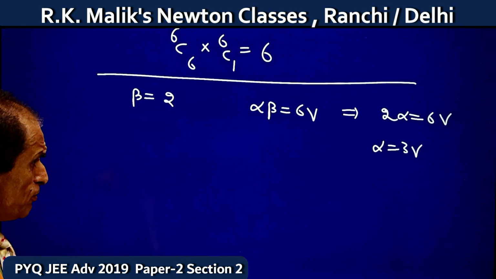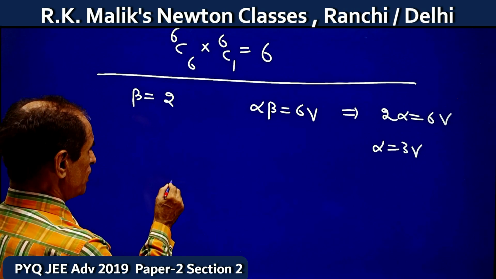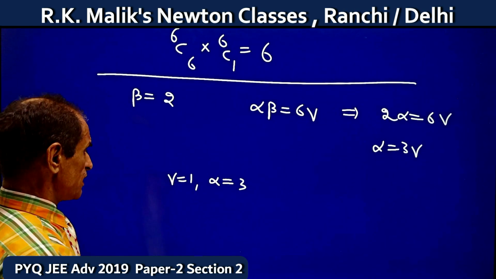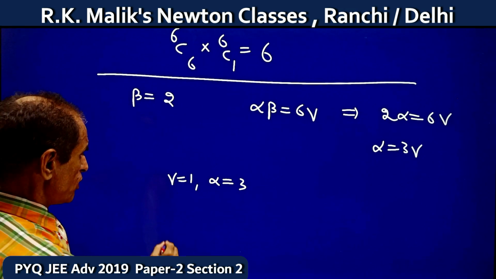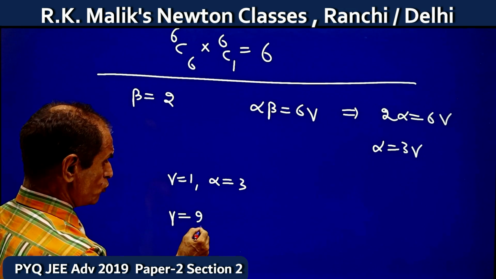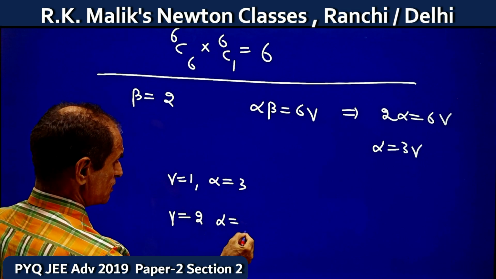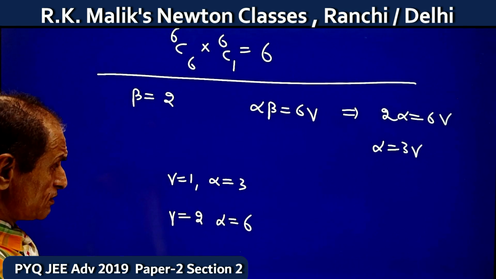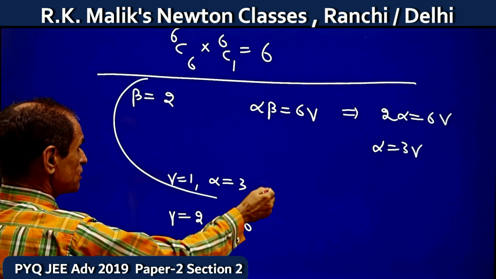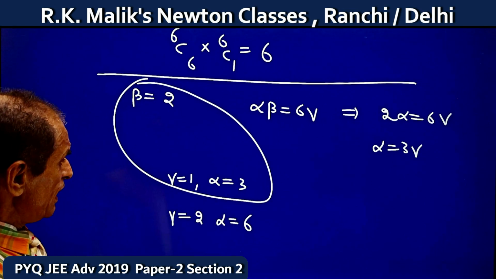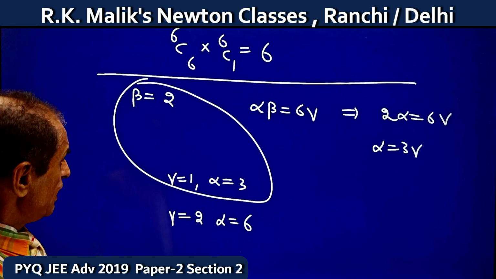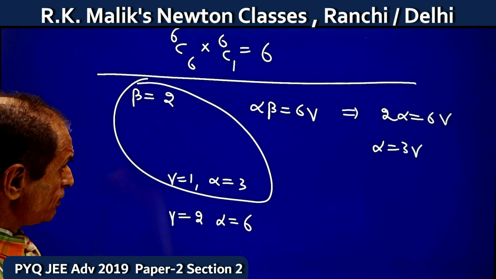And now the possibilities are, if gamma is 1, alpha is 3 and beta is 2, or gamma is 2, alpha is 6 and beta is 2. Only 2 possibilities. And because this means A contains 3 elements, B contains 2 elements, and 1 element is common.